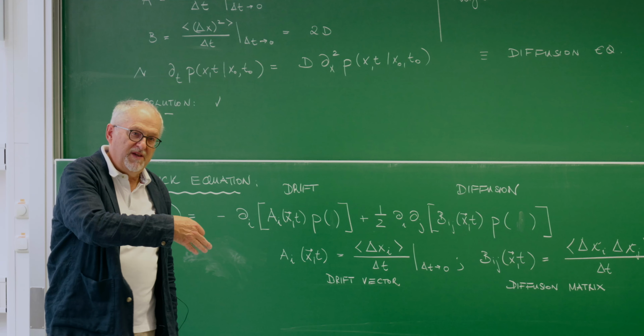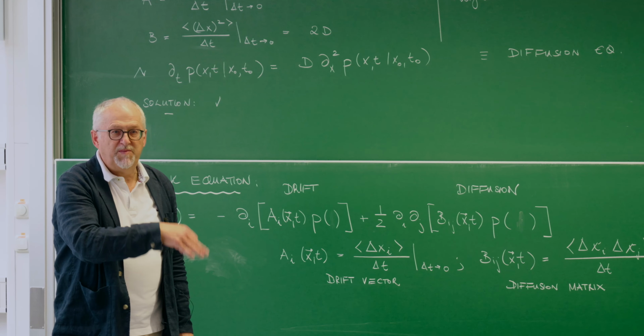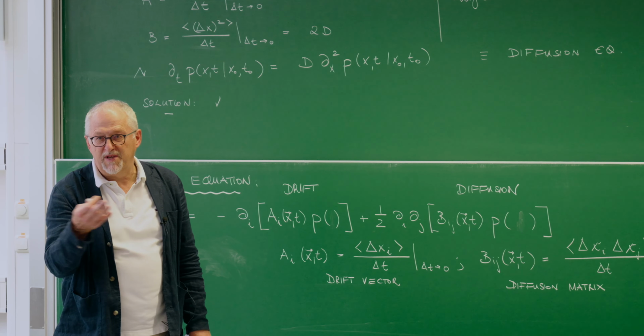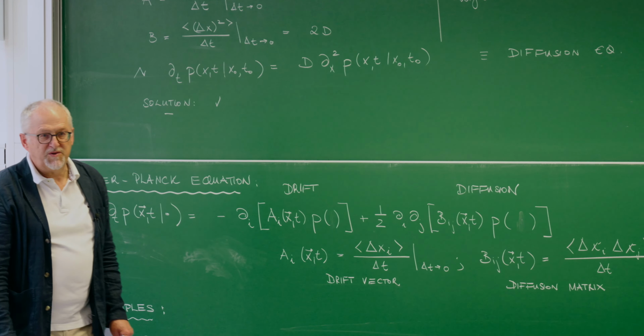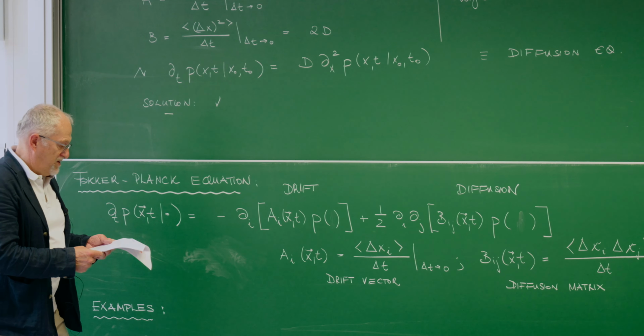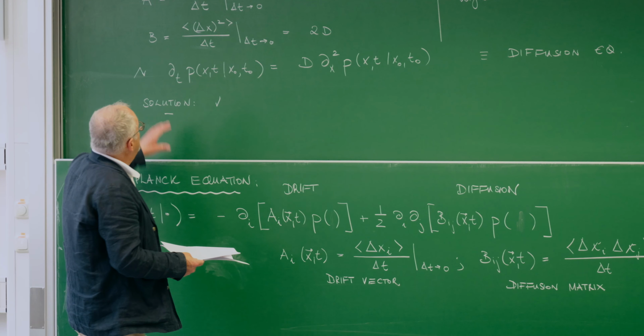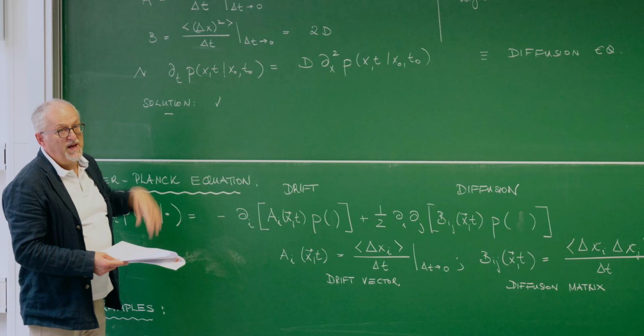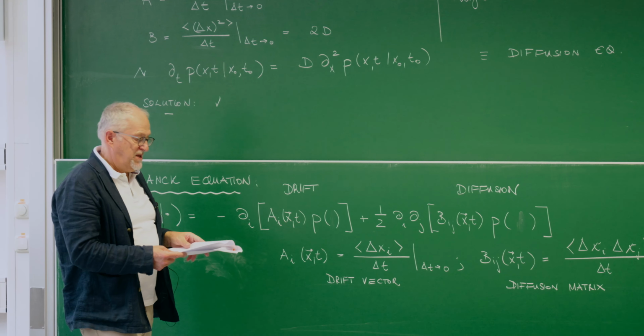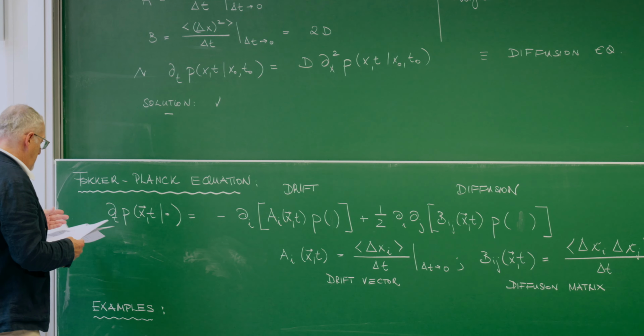You go to Fourier space, solve the problem in Fourier space, and back transform to real space, and then you also get that. That's not such an important point. All I wanted to show you is that there's this one-to-one relation between a Gaussian probability density and the diffusion equation.